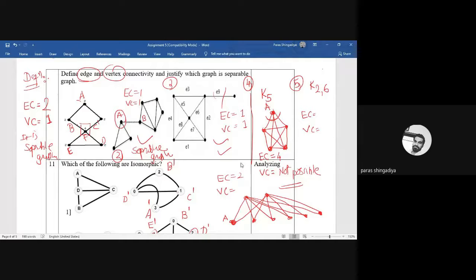Then after, Hers. Can you hear me, Hers? Yes, sir. Am I audible? Yes, sir. Okay. So what is the answer for the vertex connectivity of the K26 graph?